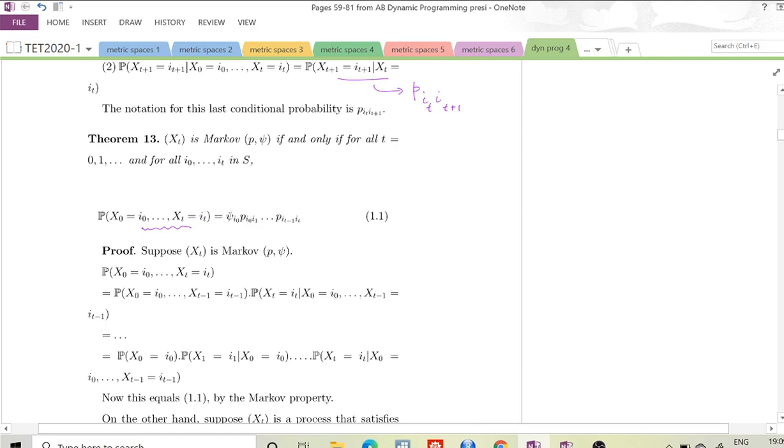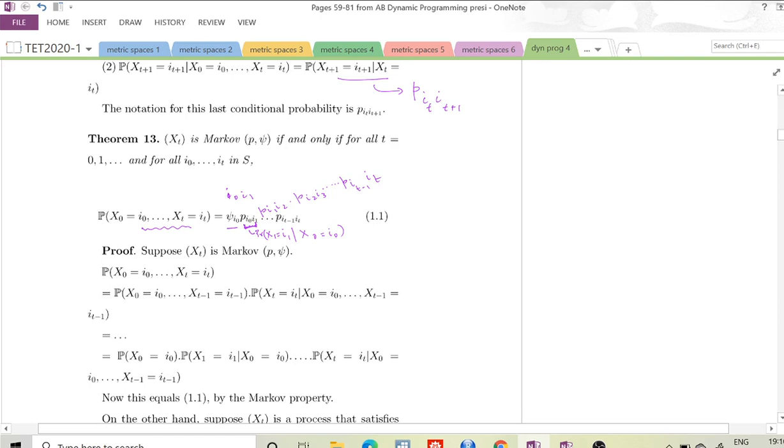Well, that's the probability that the initial state happened, psi(i_0), and then the transition from i_0 to i_1 happened with this stochastic kernel probability, the conditional probability that x_1 is equal to i_1 given x_0 is equal to i_0, that's exactly P_{i_0 i_1}, times P_{i_1 i_2} times P_{i_2 i_3} all the way up to times P_{i_{t-1} i_t}.